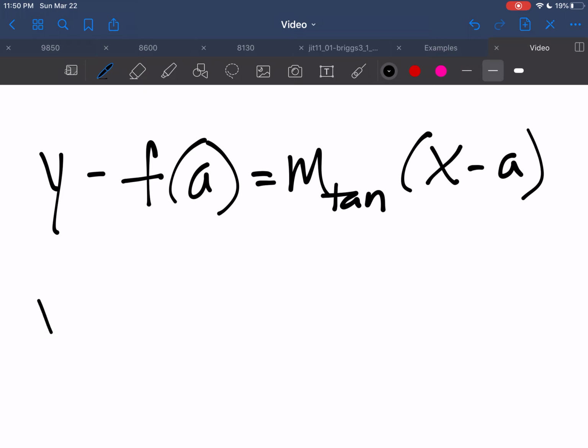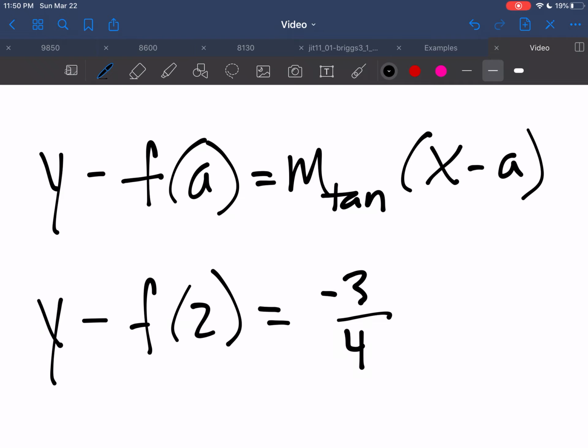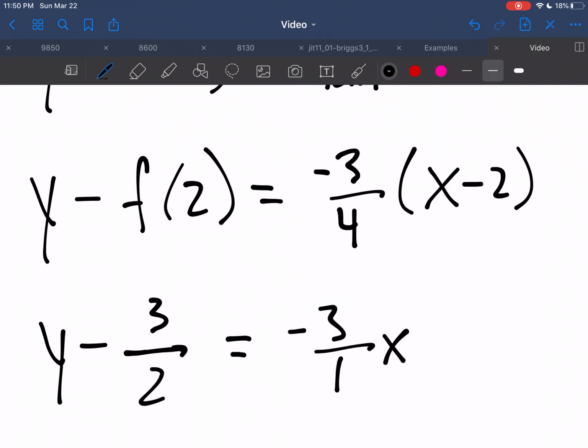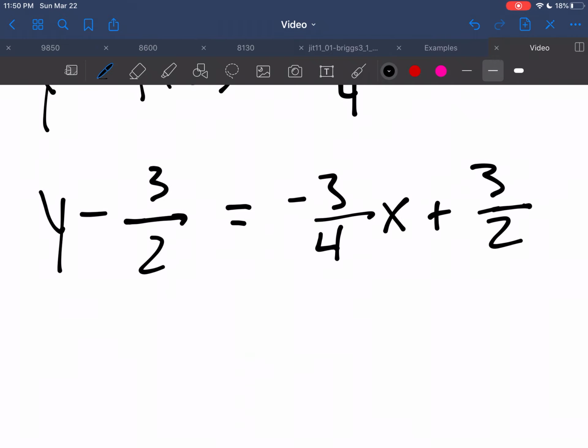In this case that would be y minus f of 2 equal to negative 3/4 times x minus 2. We know that f of 2 is equal to 3/2. Okay, and then we can solve for our equation.